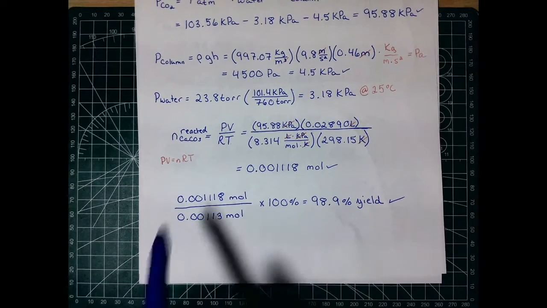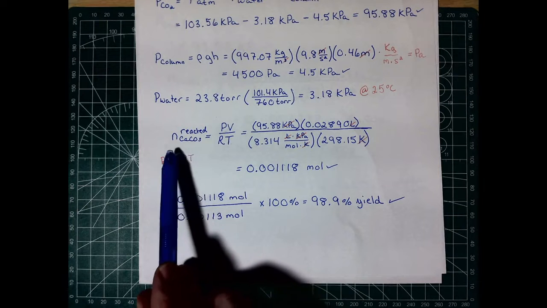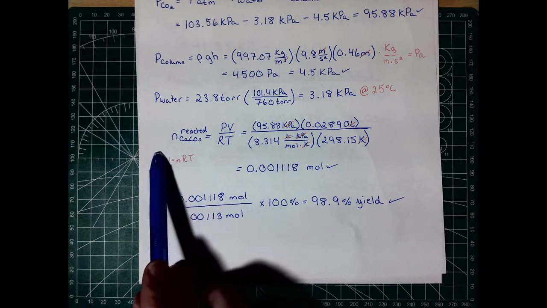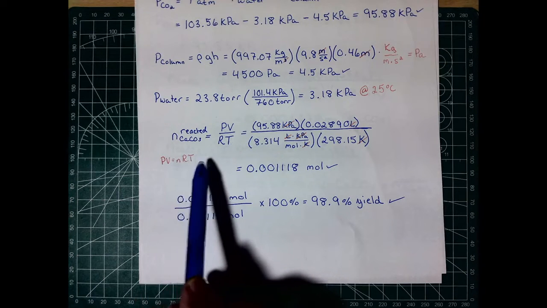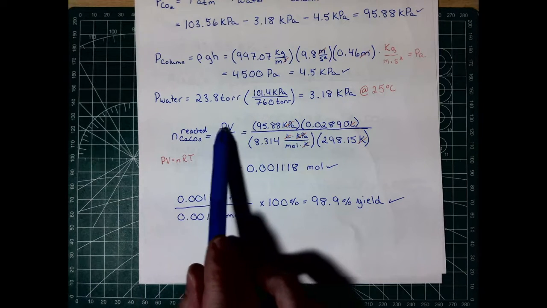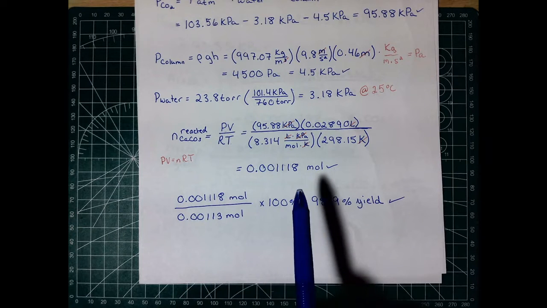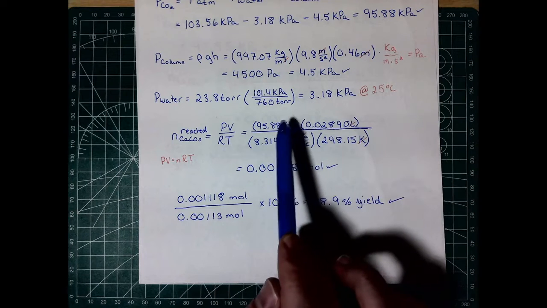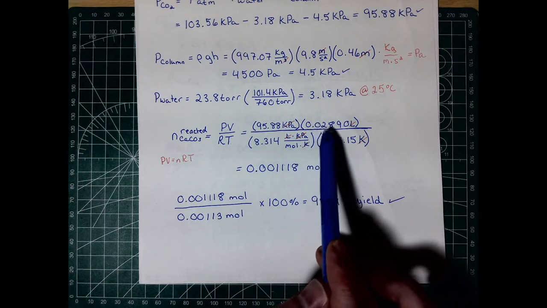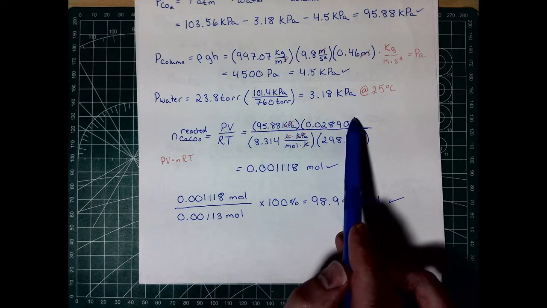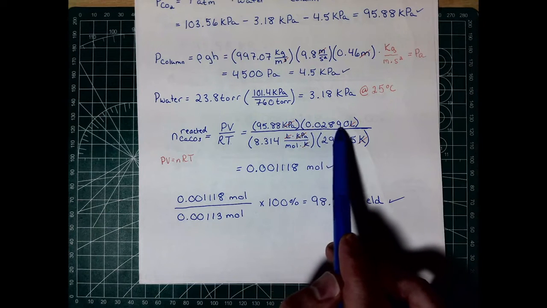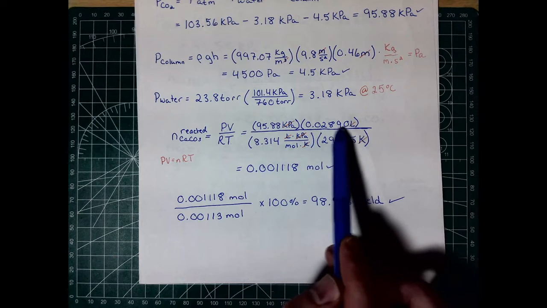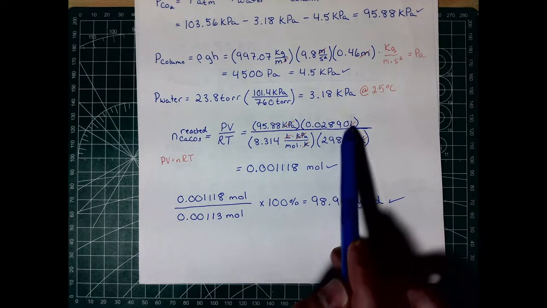Next, we want to calculate the number of moles of calcium carbonate that was reacted. We're going to do that by rearranging our ideal gas law for n, and we get PV divided by RT. I plugged in the pressure of the CO2 here in kilopascals. I have the volume. This again was given to us in the student data, but it was given as 28.9 milliliters. I converted that to liters.